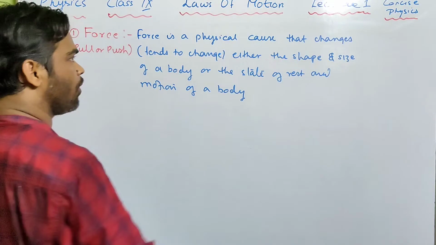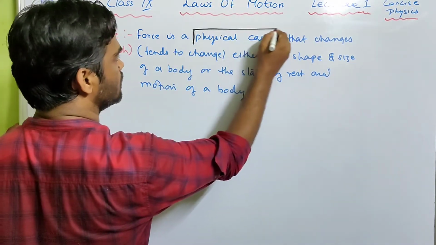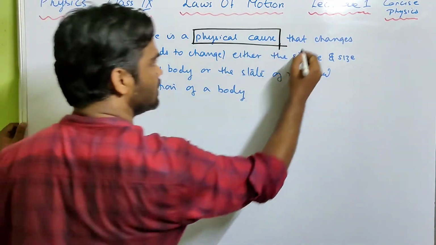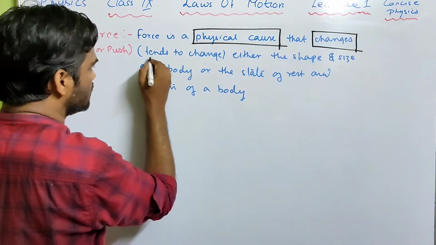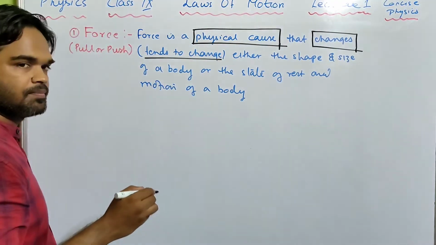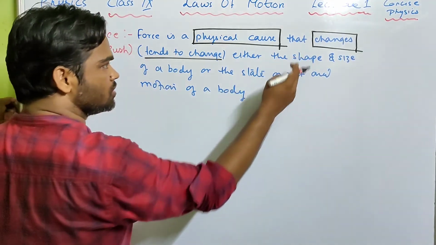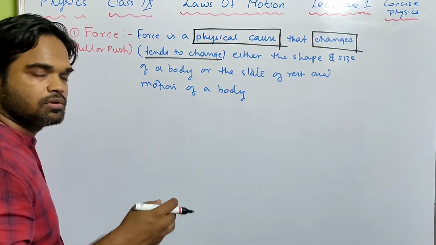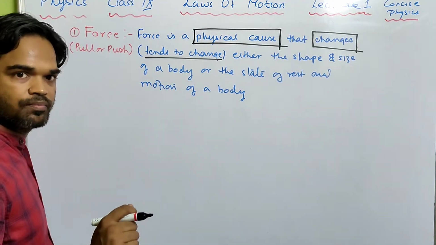A certain key points to remember over here in the definition. First of all, it's a physical cause. Second, it changes, there's one more word, tends to change, which means these changes, change in shape and size, change in state of rest or motion may happen, or at times it may not happen also.